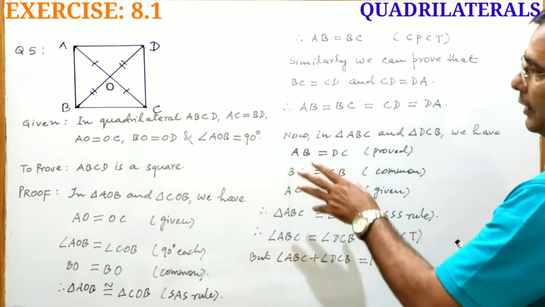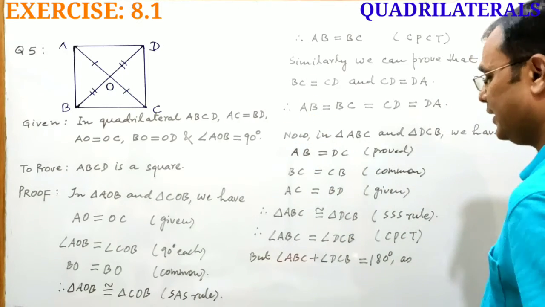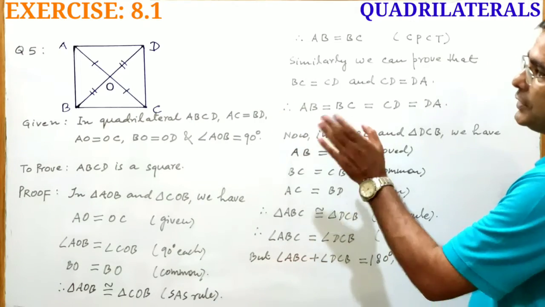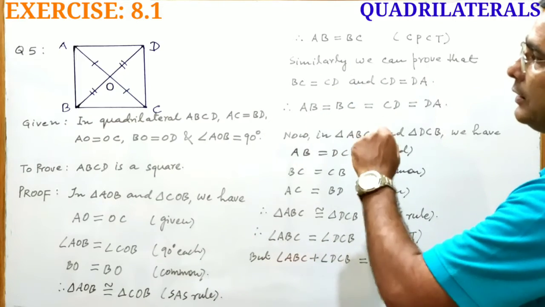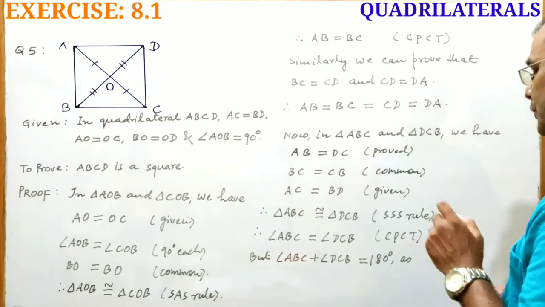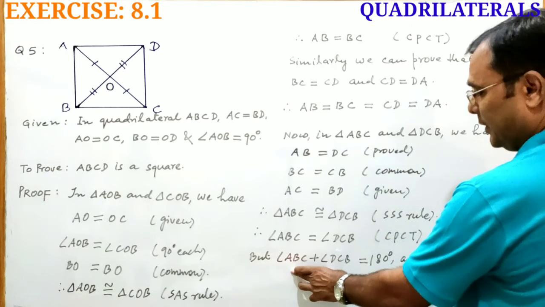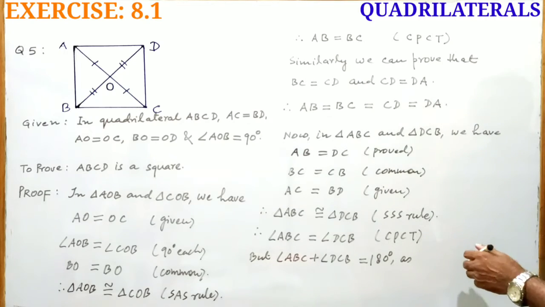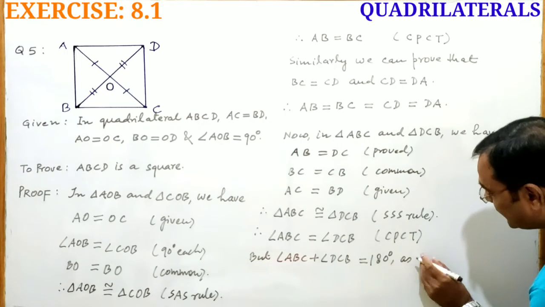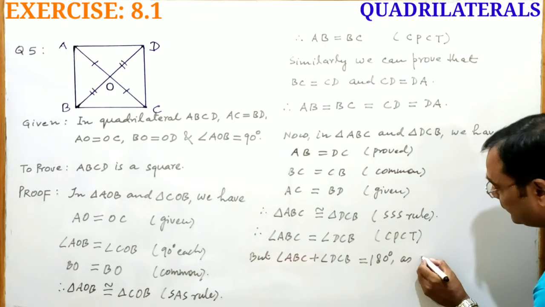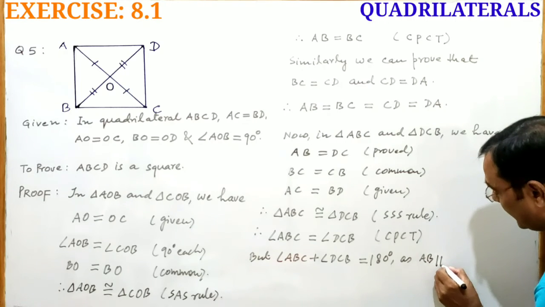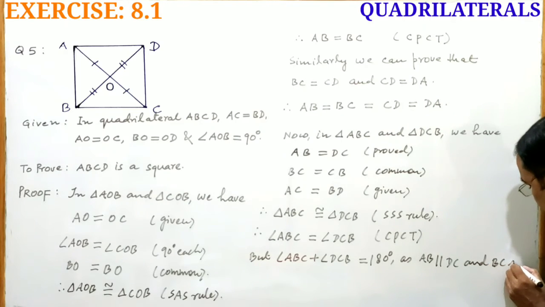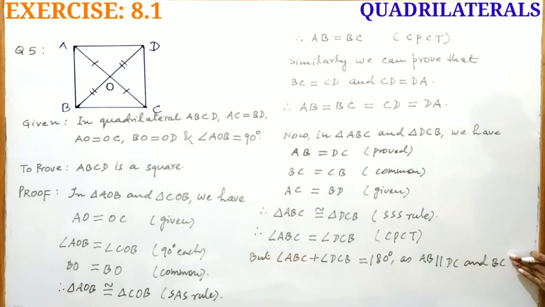Angle ABC and DCB form a pair of consecutive angles, as AB is parallel to DC and BC is a transversal. So, we have written ABC plus DCB equal to 180 degrees.